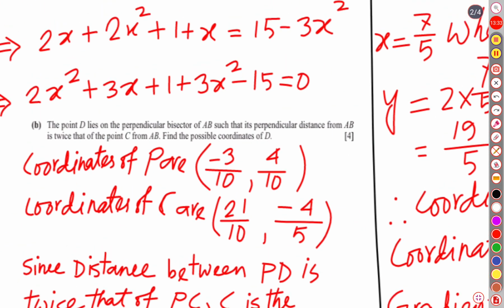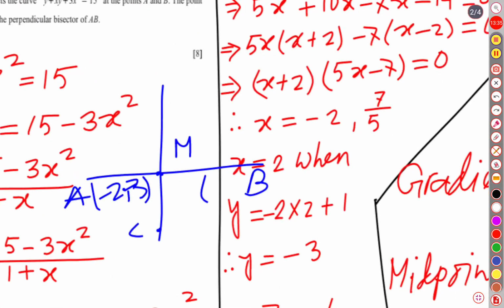So we will just write over here 7 over 5 and 19 over 5. So these are the two coordinates.